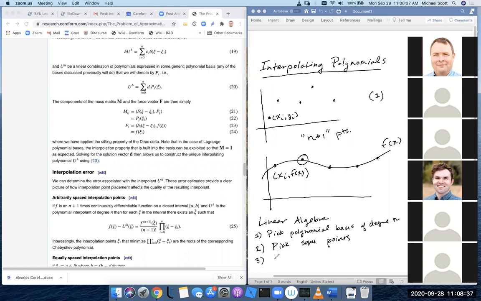Just for simplicity, let's use the power basis, which is 1, x, x squared, and so on, up to x to the n.